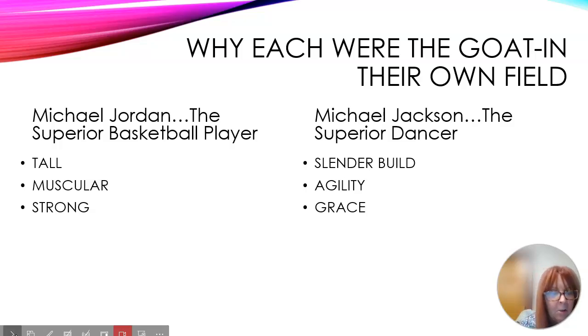For these bullet points right here, I thought about their physiques, the way they were built, because Michael Jordan to me just looked very clumsy trying to moonwalk. But obviously Michael Jackson did not have the build for a basketball player there. So that was something that I thought of in comparing and contrasting the two of them. But you might come up with some stuff of your own.